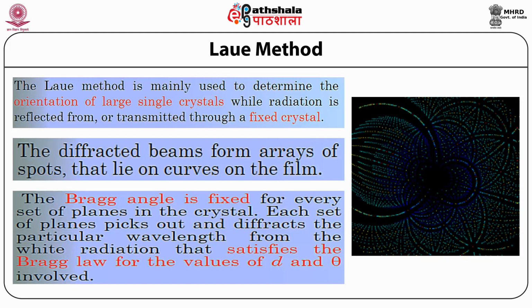In earlier diffraction techniques, as we discussed, we vary the angle. Here we don't vary the angle, but because we have a polychromatic beam, several different values of d can be correlated, and you can get a diffraction pattern immediately from this technique.